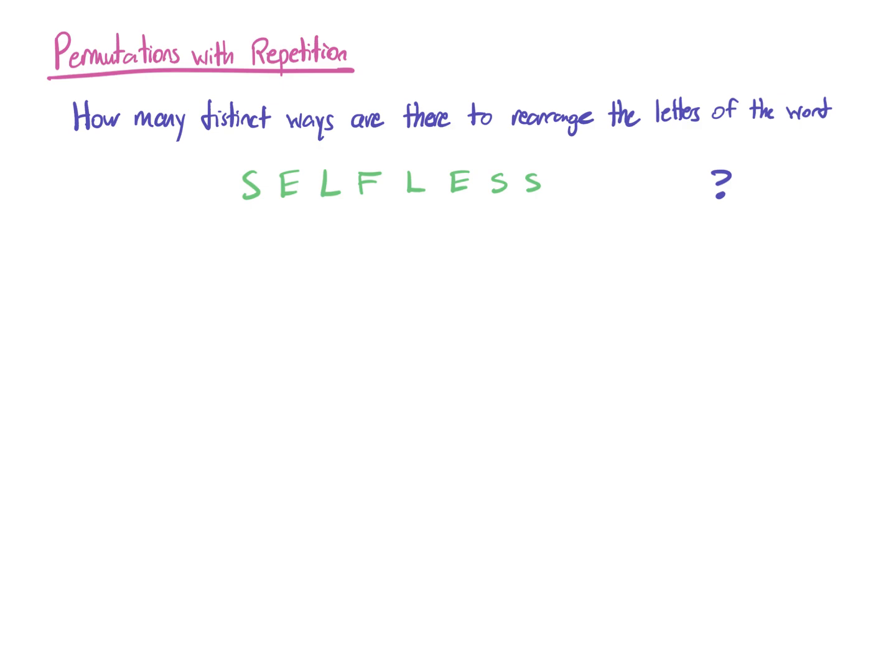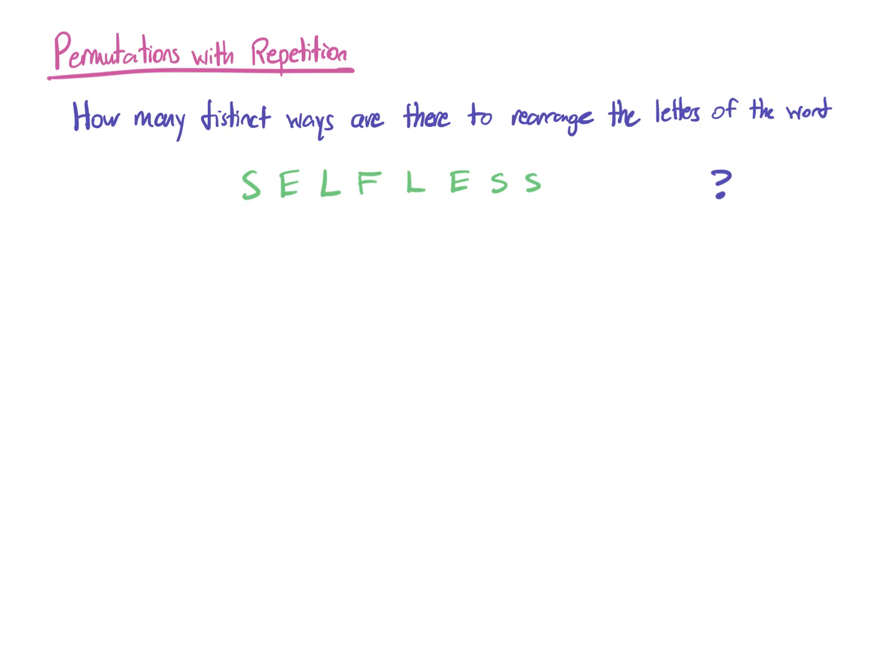How many ways are there to rearrange the letters of the word selfless? Selfless has a total of 8 letters in it, but, and this is the key point, not all of those letters are different.